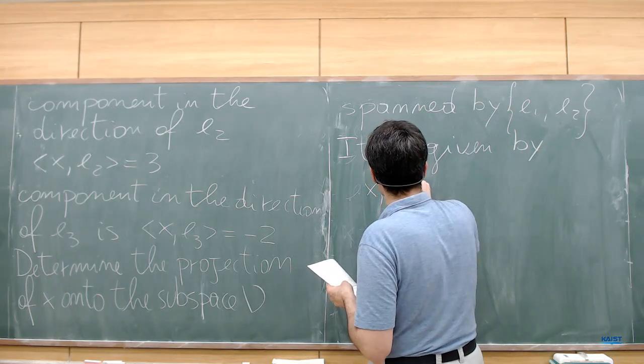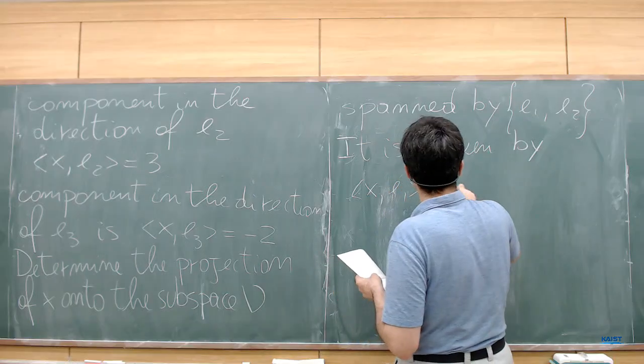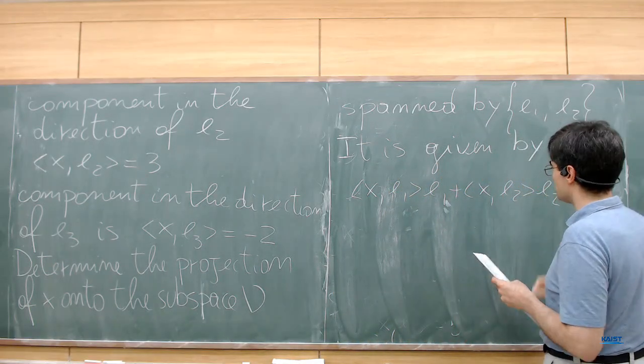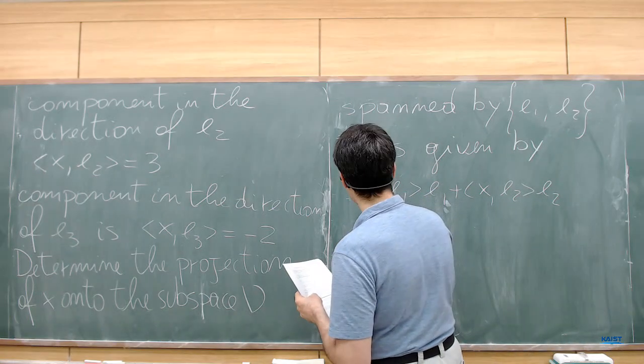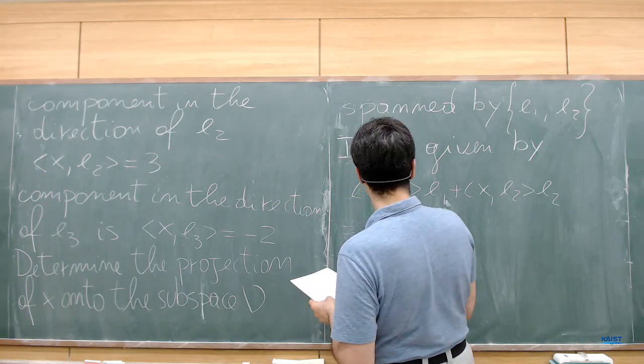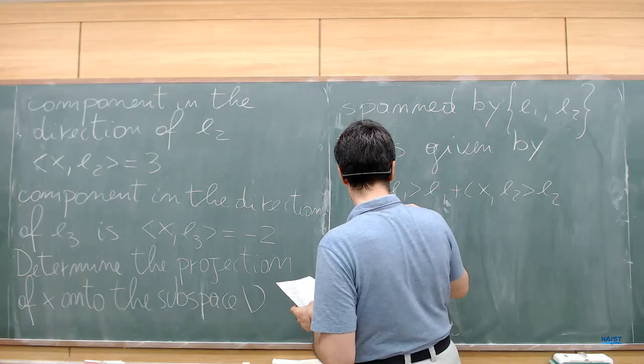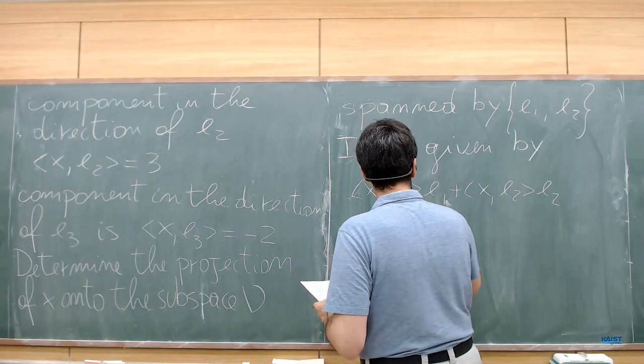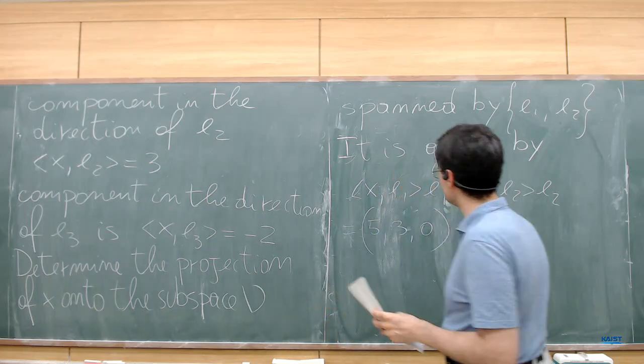the inner product of x and E1 times E1, plus the inner product of x and E2 times E2, and this is equal to (5, 3, 0). Why?